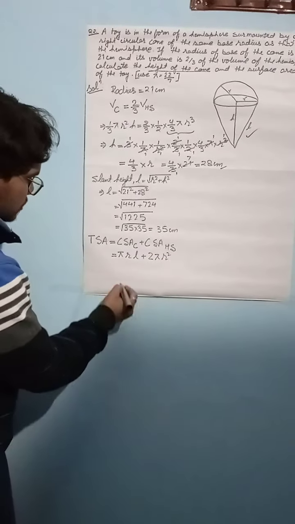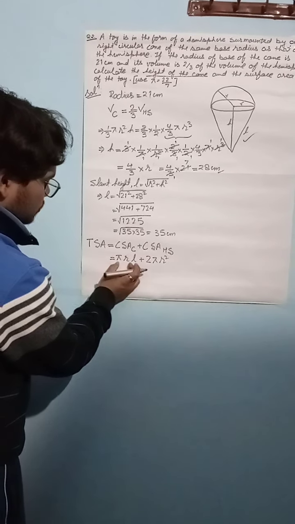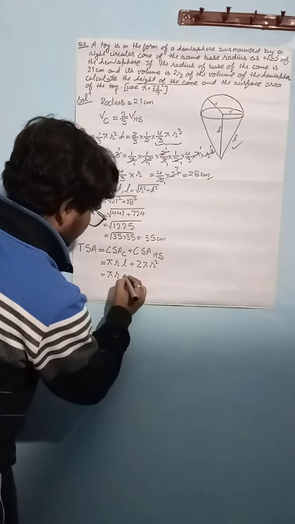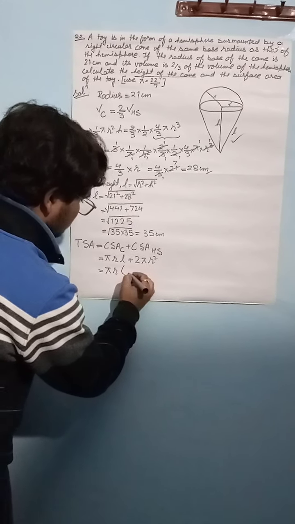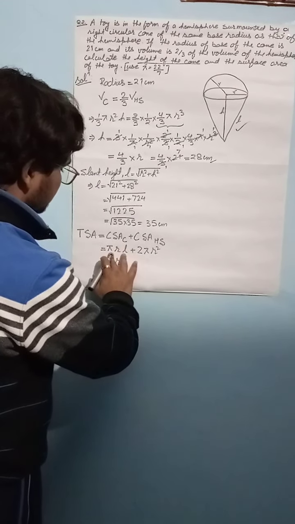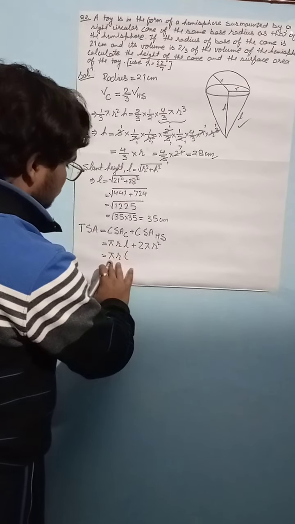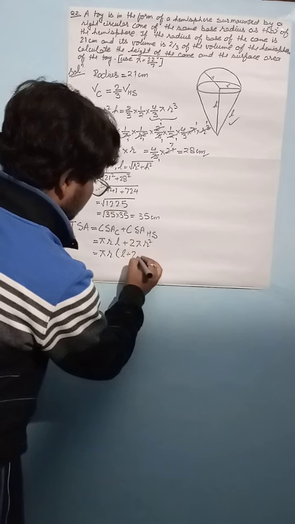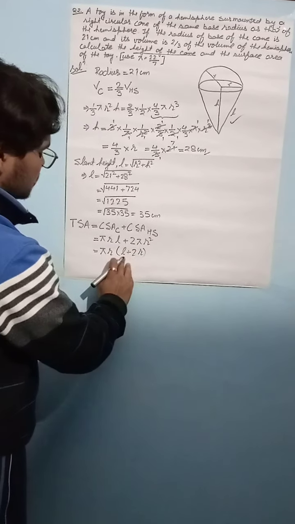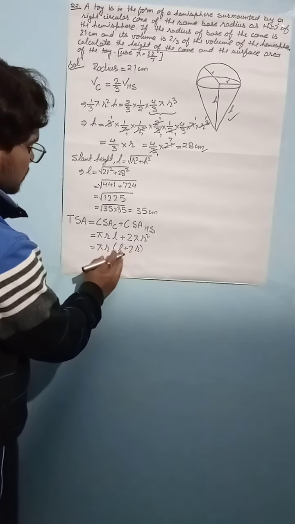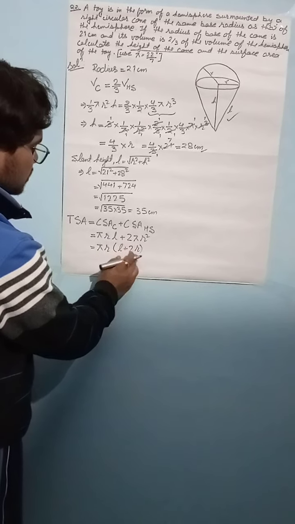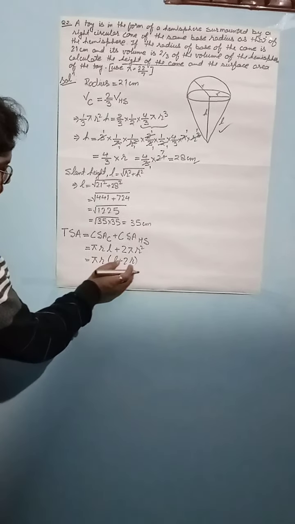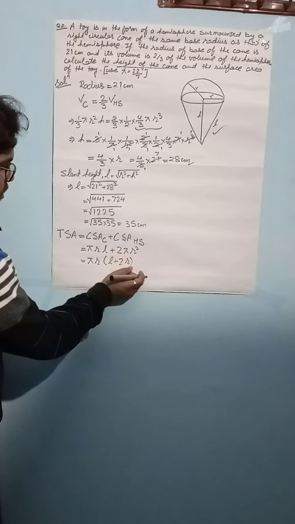We take the common values, pi r common, and the values left in the bracket are L plus 2R.